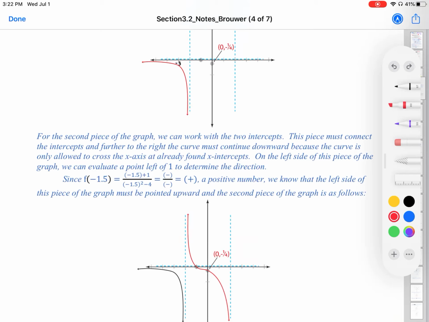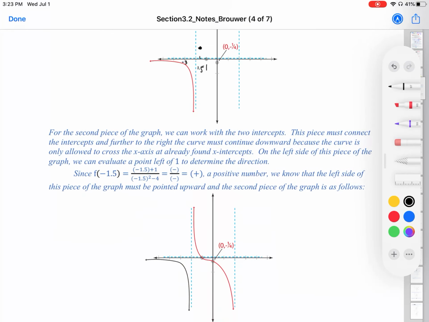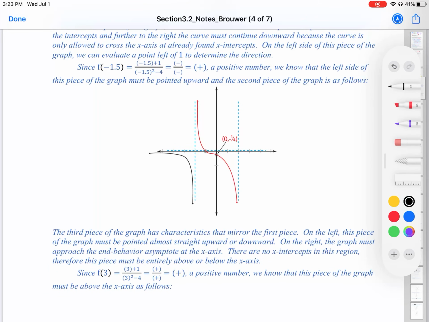On the left side of this piece of the graph, we can evaluate a point to the left of 1 to determine the direction, say negative 1.5. At negative 1.5, we get a positive number. So what it's saying is we have 1 right here. Let's test 1.5 to see what happens. And we see we get a positive number. So we're going to get a point above the x-axis. The piece of the graph must be pointed upward, and the second piece of the graph is as follows.